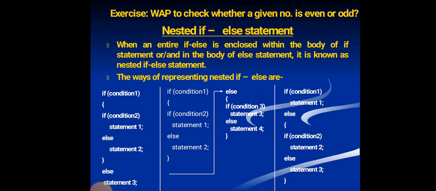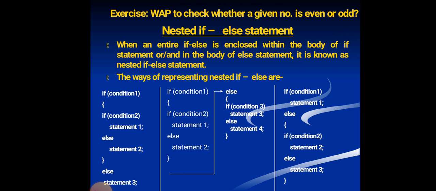Now the nested if statement. A nested if statement is nothing but if else statements placed inside the statements. Here we see if condition 1, then if condition 2, statement 1, else statement 2, close bracket, else statement 3.